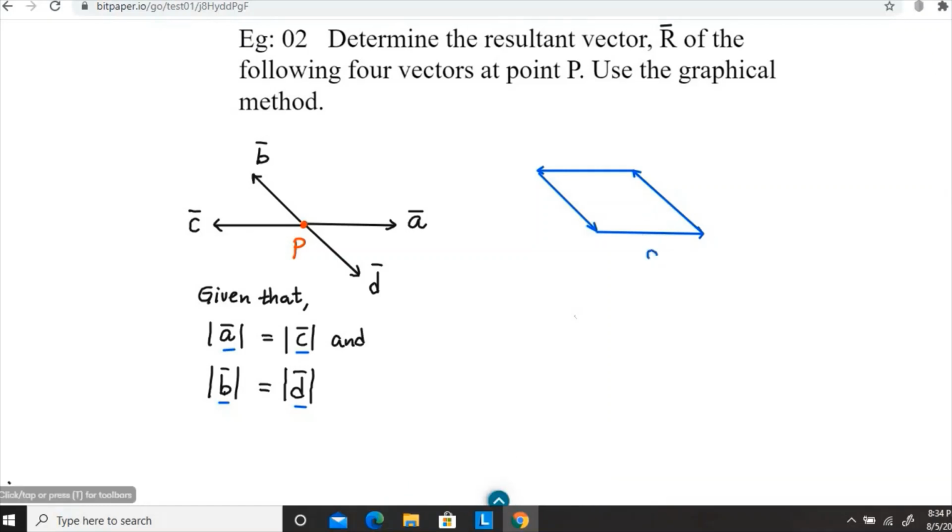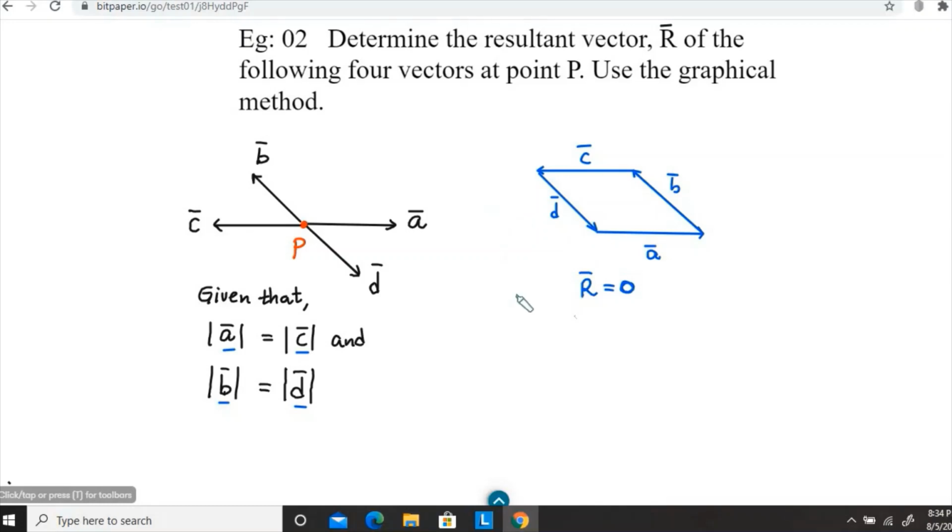So this is our vector A, this is our vector B, this is our vector C, and this is our vector D. So what this means is that the resultant vector is equal to the 0 vector. So whenever you have a vector polygon completing itself, that means there's no resultant vector. The vector sum is equal to 0.